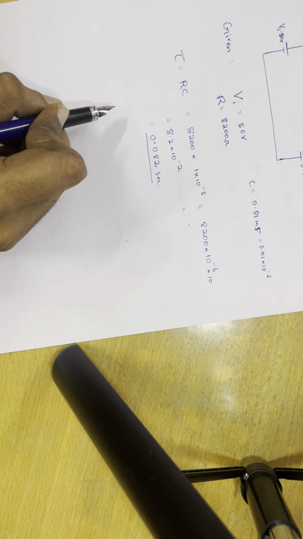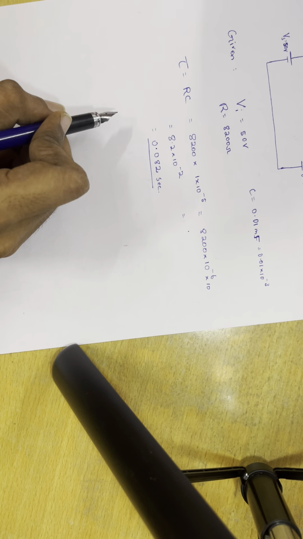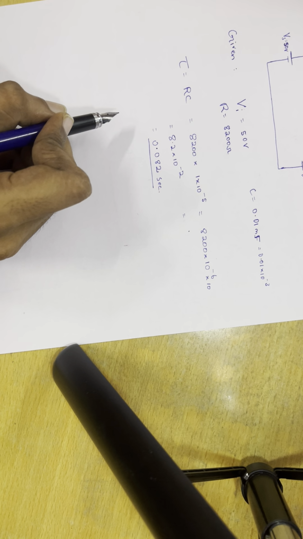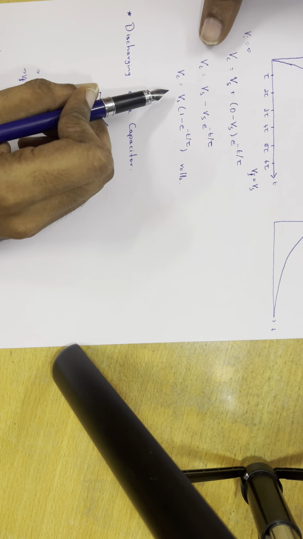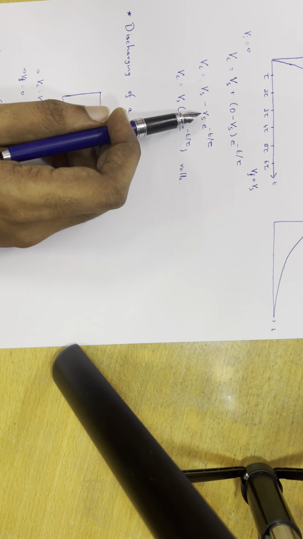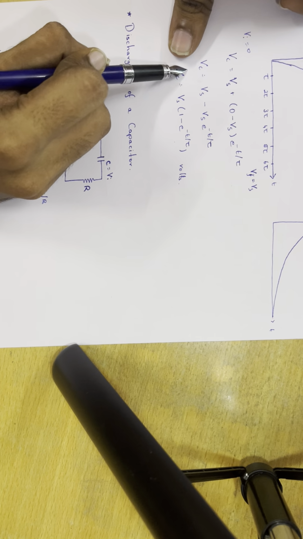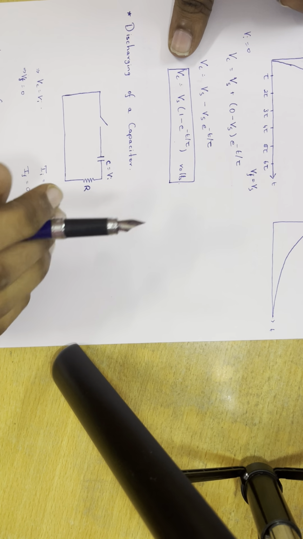Next we want to find the general formula. As we know, we want to find the charging voltage, so here we use the charging capacitor formula. Here the initial voltage is 0 and the final voltage is 50, so we will substitute 50 directly in this formula.